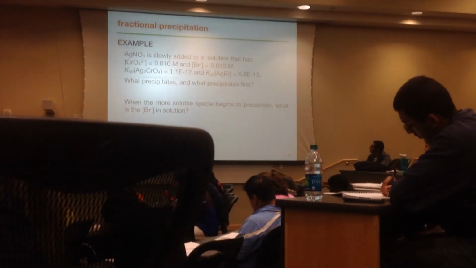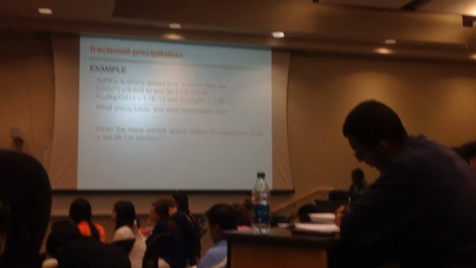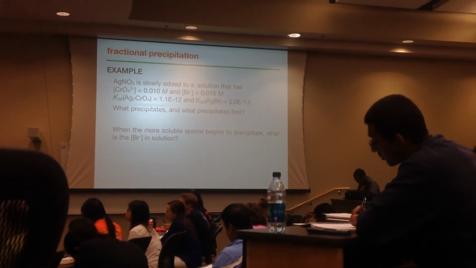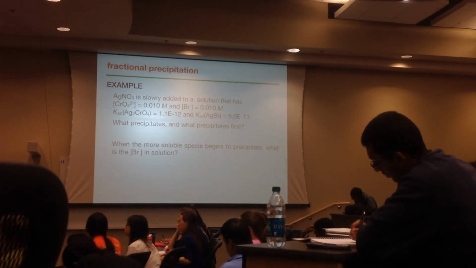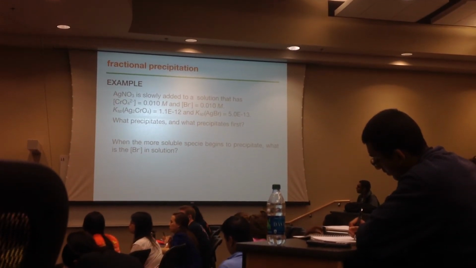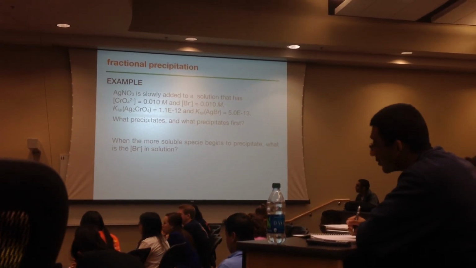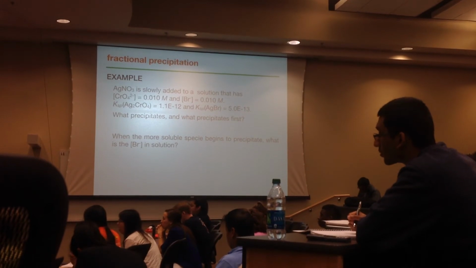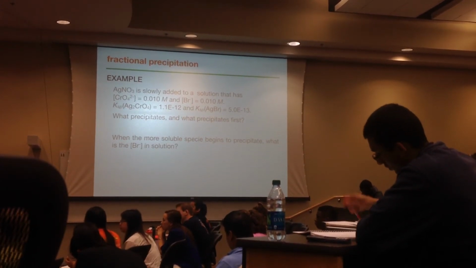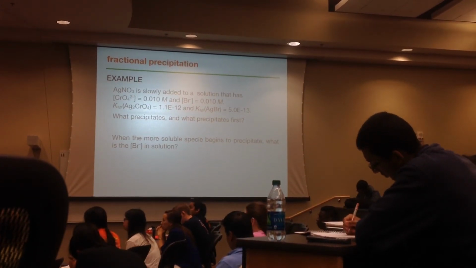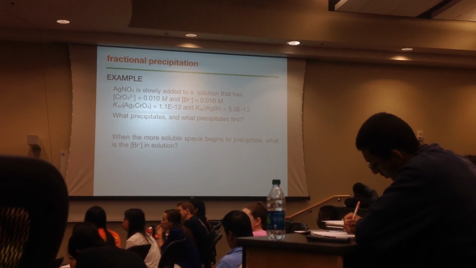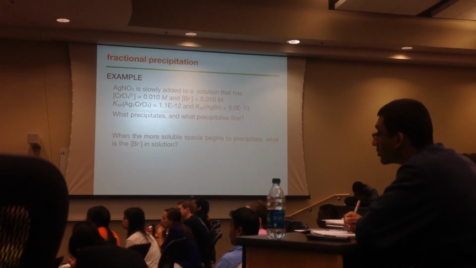When the more soluble species begins to precipitate, what is the bromide concentration in solution? Exactly what is this asking us? The more soluble species, in this case, is silver chromate. When silver chromate first starts to precipitate, how much of my bromide is left in solution?